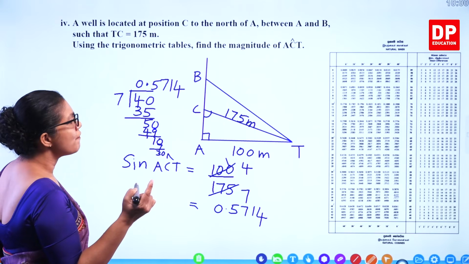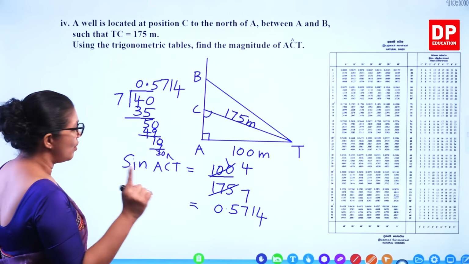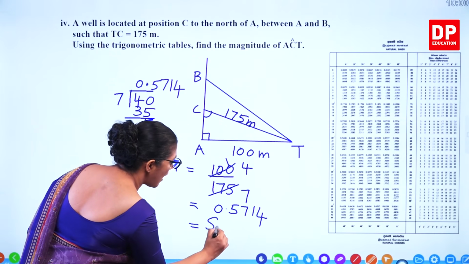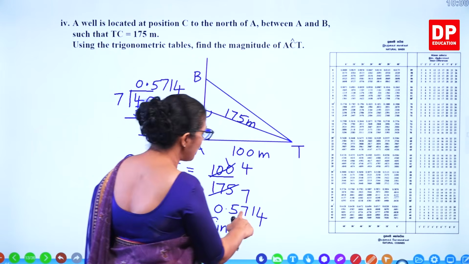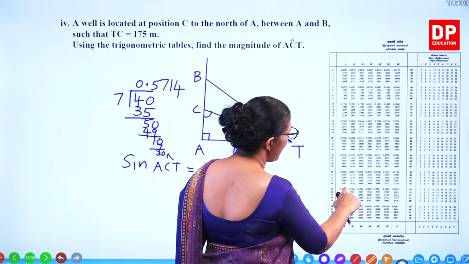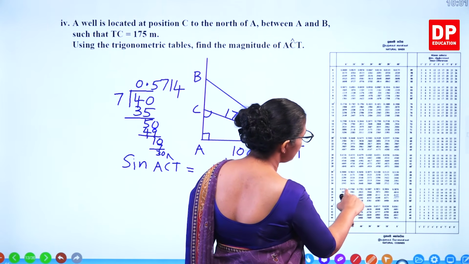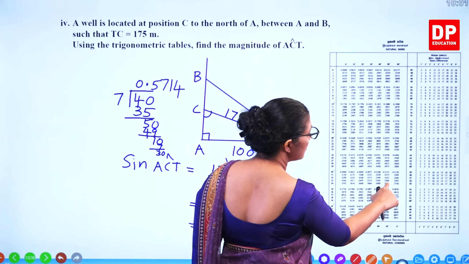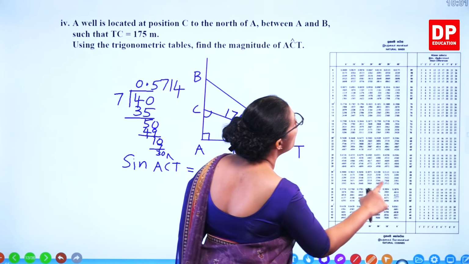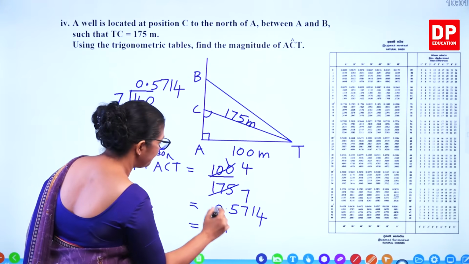Now you have to refer the sine table now. Sine tables and see where you get this value. Sine of what? 0.5714. 5712 is there. So you need another 2. That means 1. 3451.